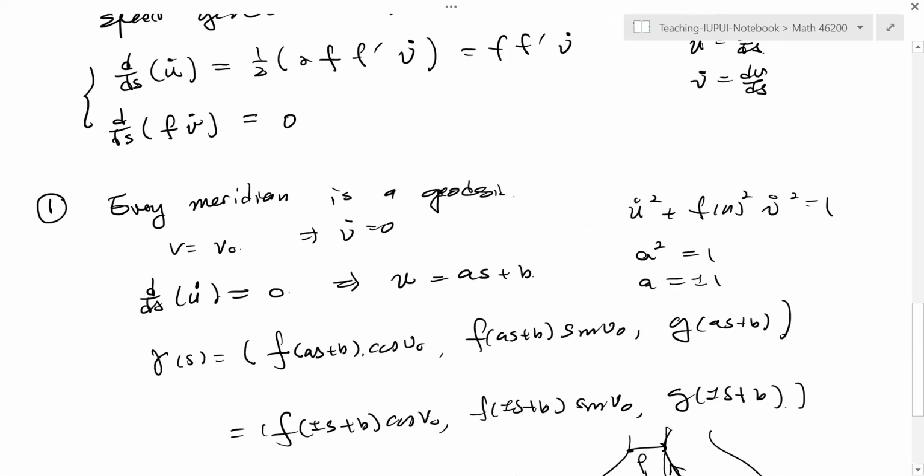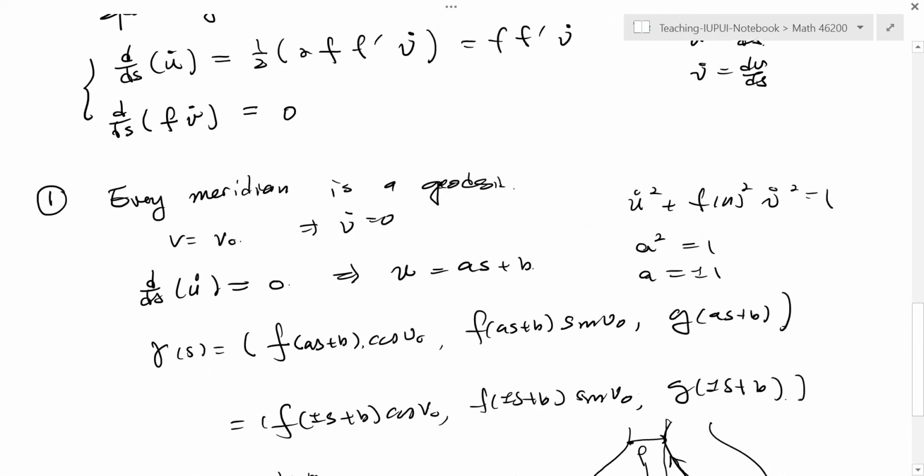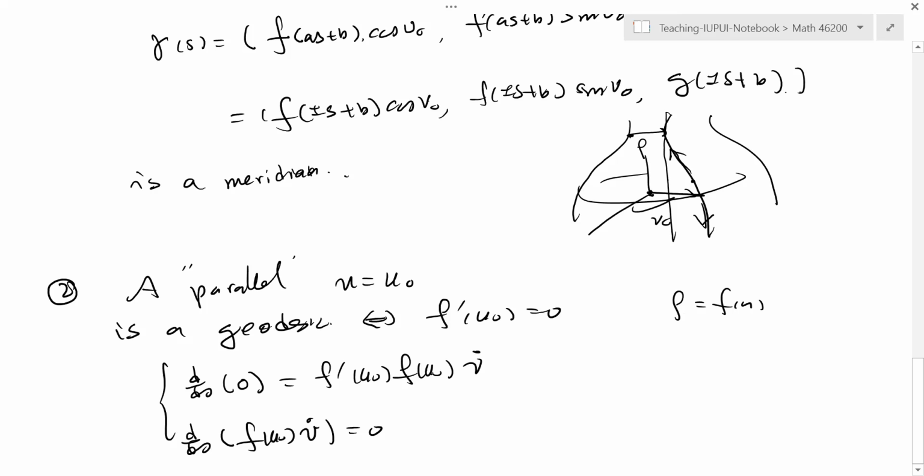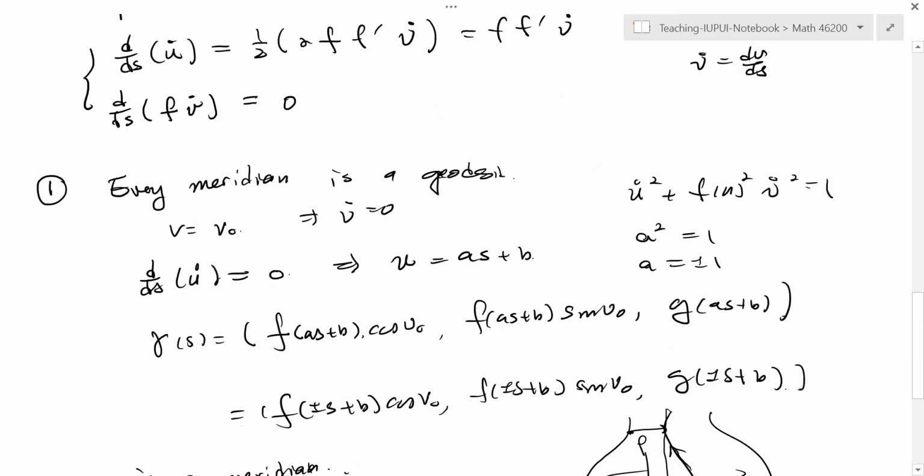When u is a constant, the above equation is going to be, with d/ds, that's going to be 0. Okay, so that's the equation.